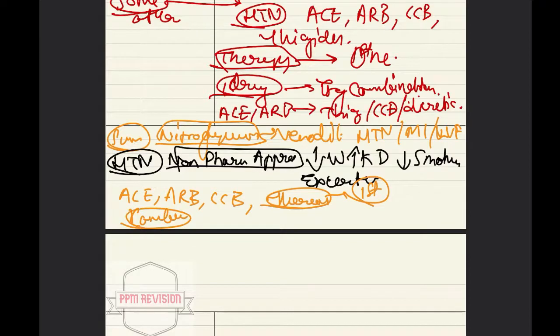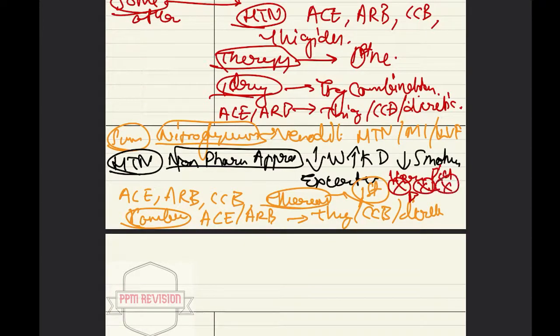In a combination we can include ACE or ARB along with thiazides, calcium channel blockers as well as diuretics. And another important point that I'm repeating again is that verapamil and diltiazem should not be given along with beta blockers. And why is it so? Because cardiac suppression can be seen.